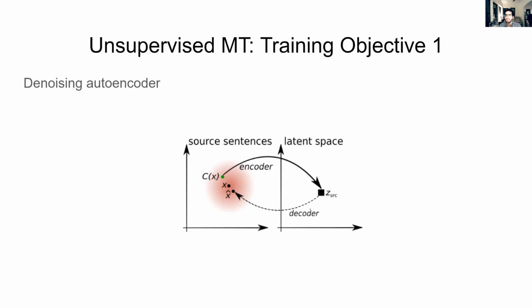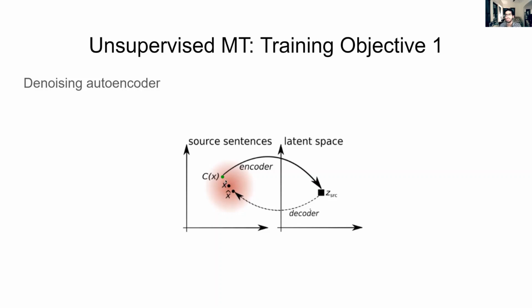There are multiple kinds of synthetic noise you can add to your sentence. Then you use the encoder of your model to encode that noised sentence into this latent representation, Z source. And then you pass the source tag, the same tag, to the decoder, and try to regenerate the sentence. So you train this model by trying to regenerate the original sentence from the noisy sentence.